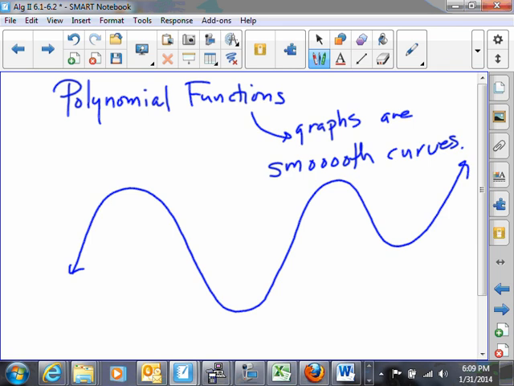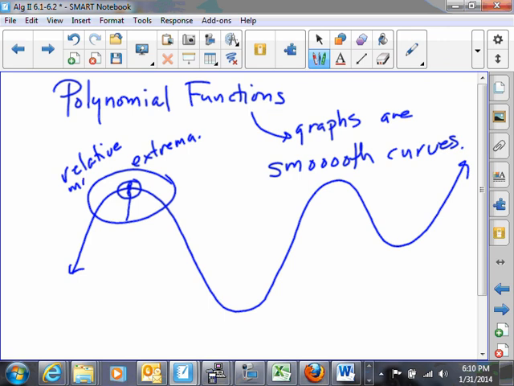Now, on the one that I've drawn here, this point right here is considered an extrema. Notice, in its localized area, this is as high as that function is going to get. We call this extrema a relative maximum, or many times we just abbreviate it to relative max, because there is no other x value in that immediate area where it will be higher.